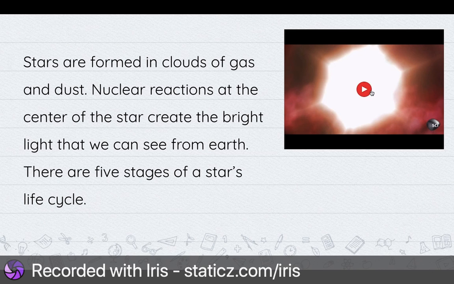We're going to watch this video that shows a star forming. Nuclear reactions are what is happening here with chemicals coming together and mixing and getting very hot and getting smaller and smaller and pushed close together. That's what we see in a star. Let's find it.